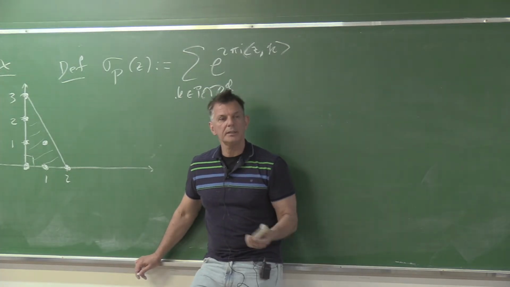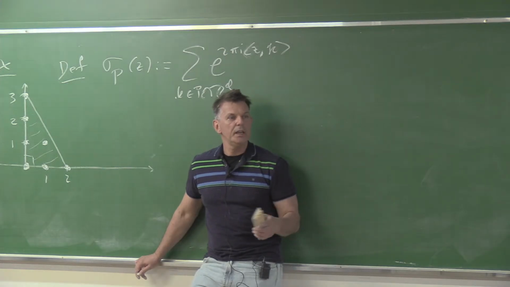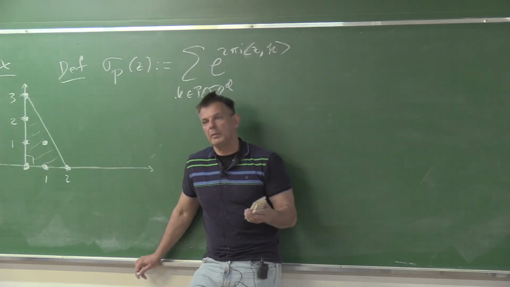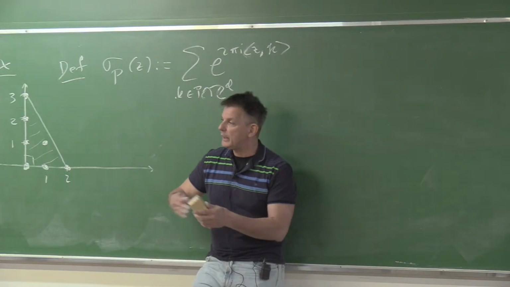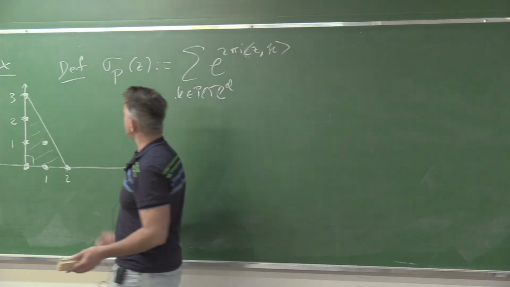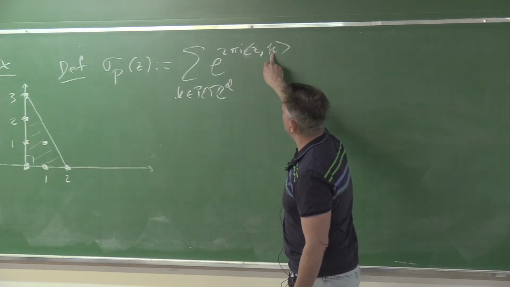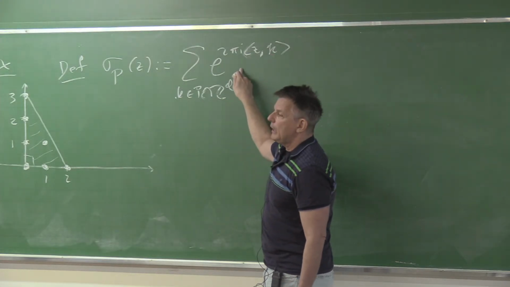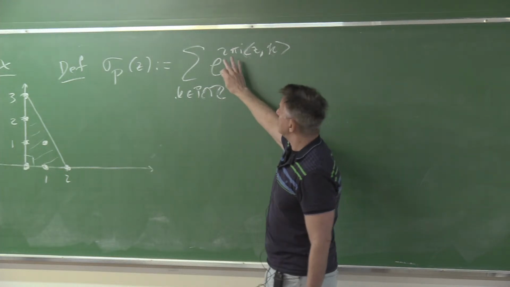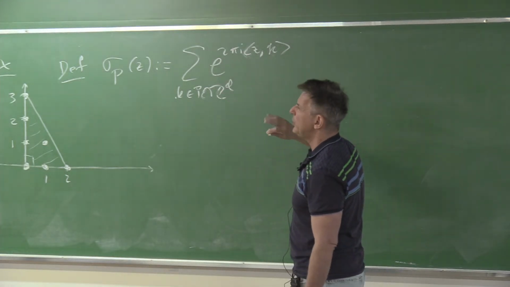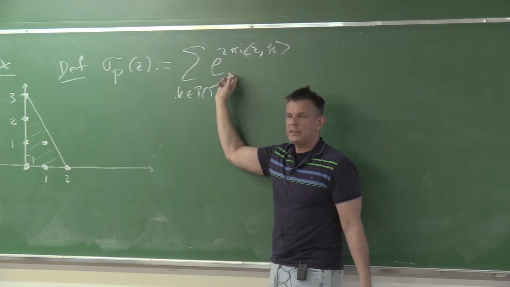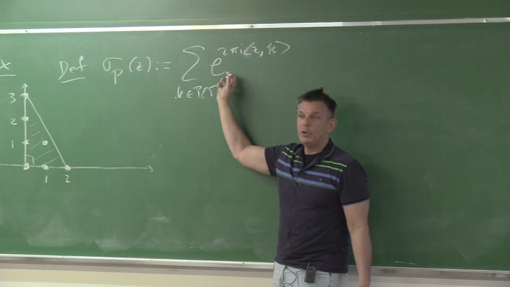A simplex, a tetrahedron, an icosahedron. I don't know all these names, but we want to just generally study all of them at the same time. So this function encodes the integer points inside. And you might say, well, how well does this encode? Two years ago, I was finally able to prove that this is a complete invariant. It encodes everything.